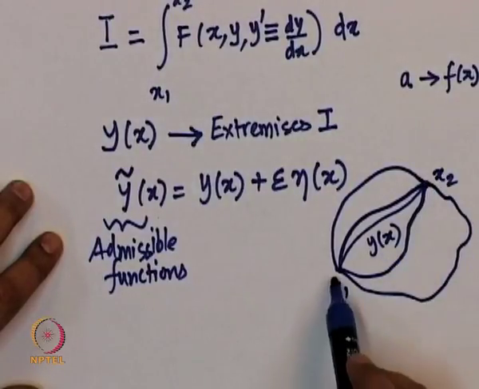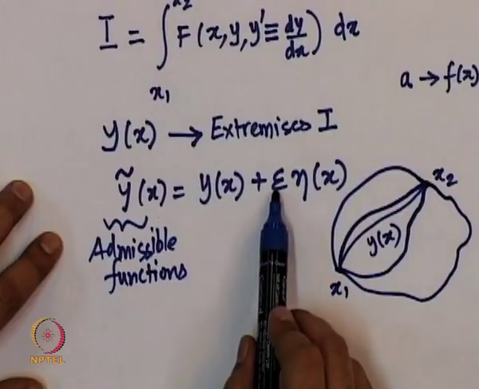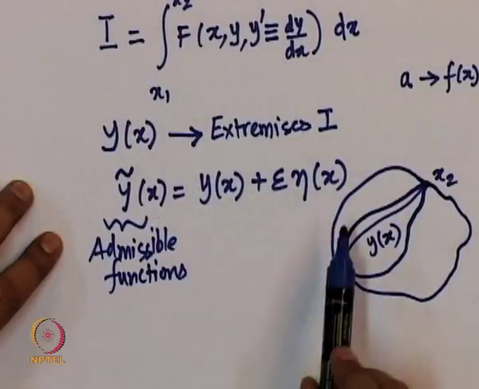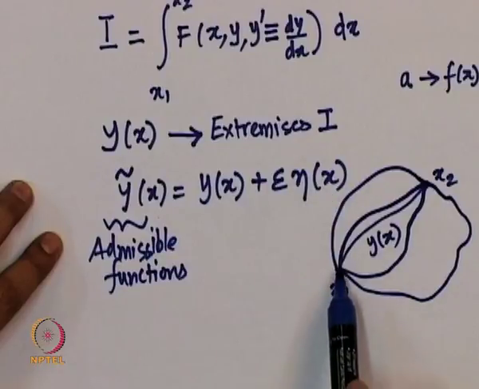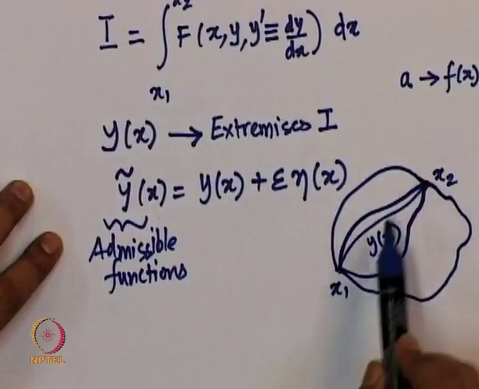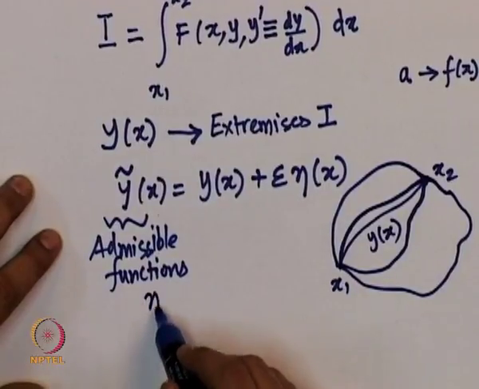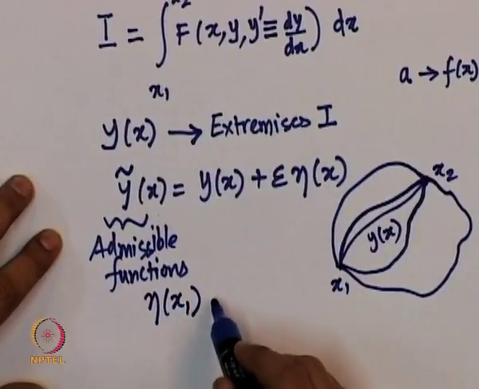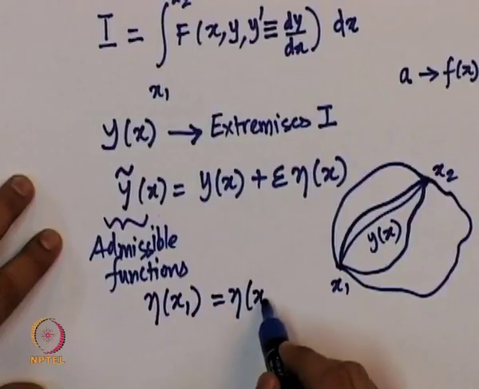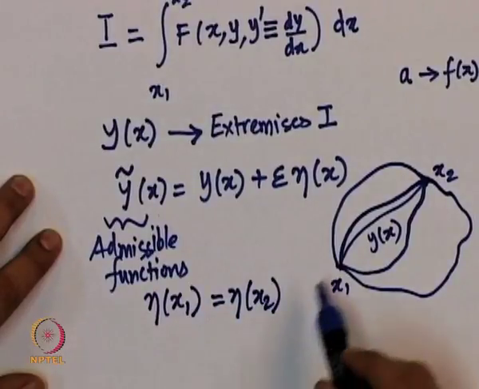Each one is defined by epsilon and some eta, but all of these etas go through the points x1 and x2, which means eta of x1 and eta of x2 are zero.